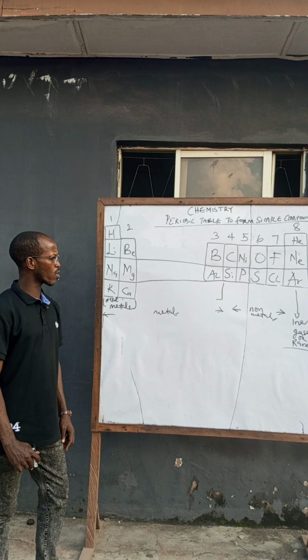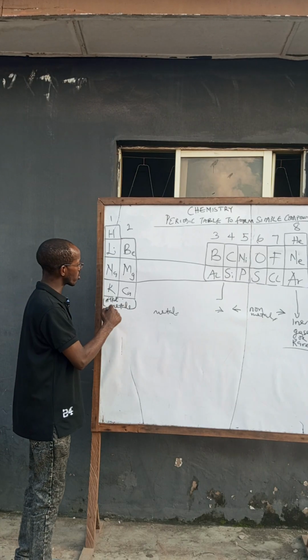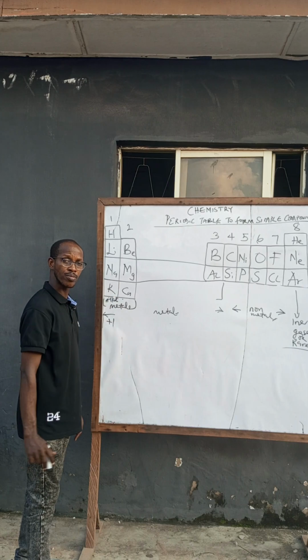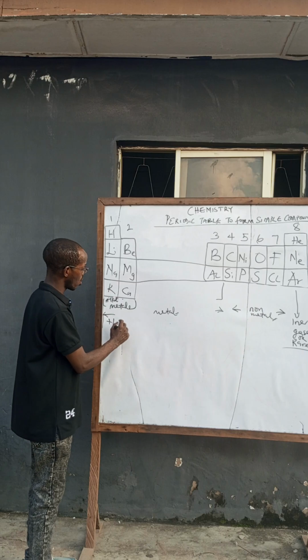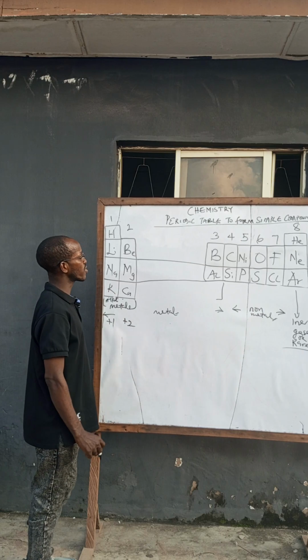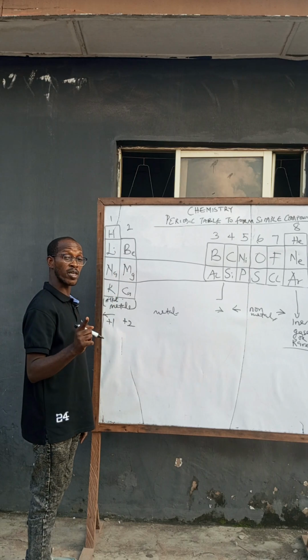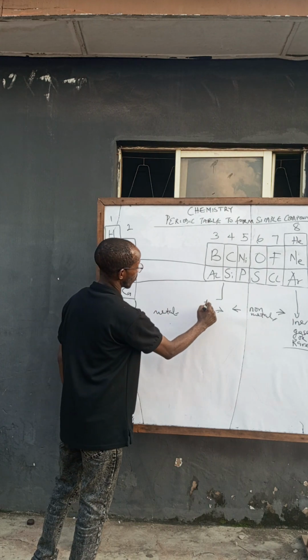The question is why? In my previous classes, I told you that the valency of ions of metals in group 1 is +1, and the valency of metals in group 2 is +2. Hydrogen is not a metal, but it's still +1. In group 3, +3.